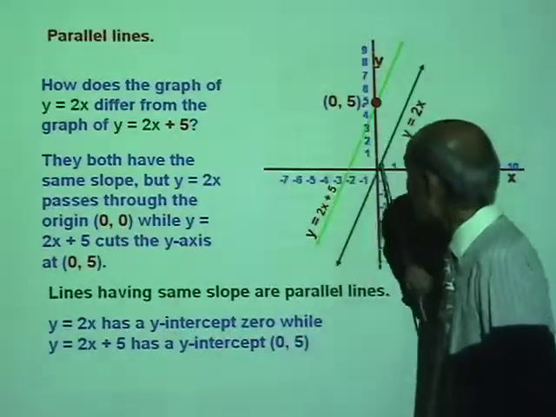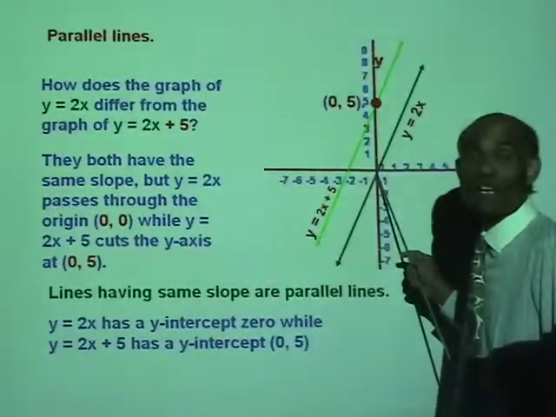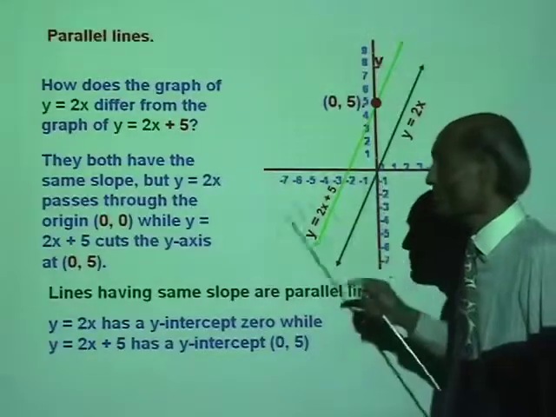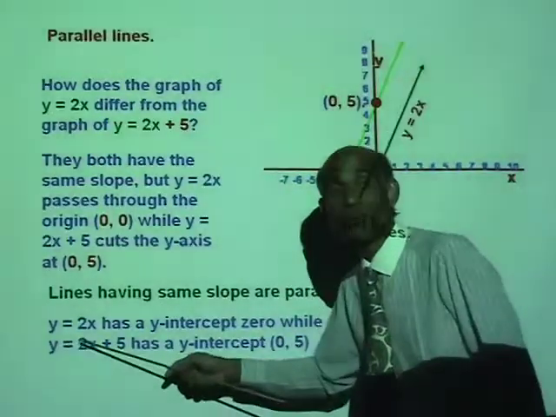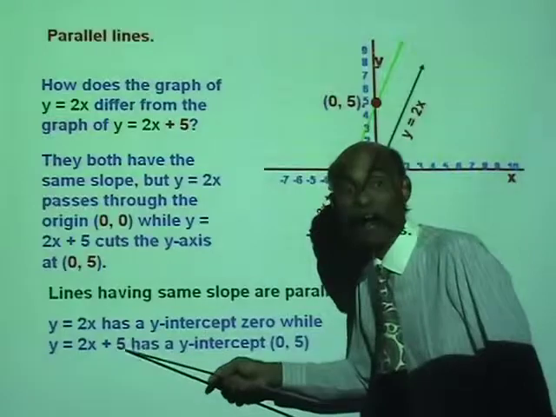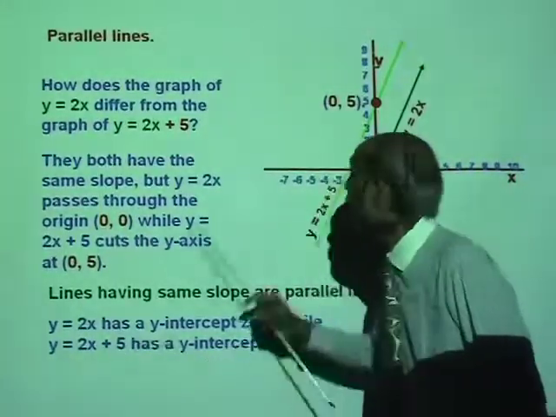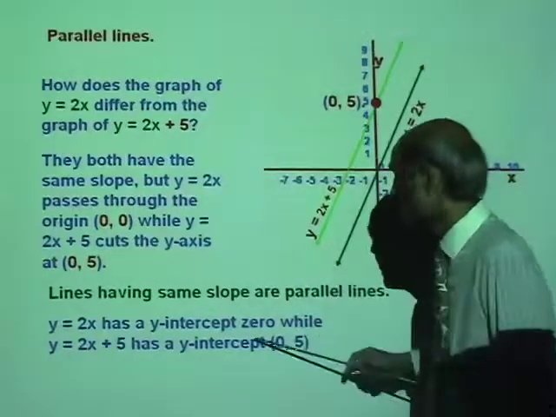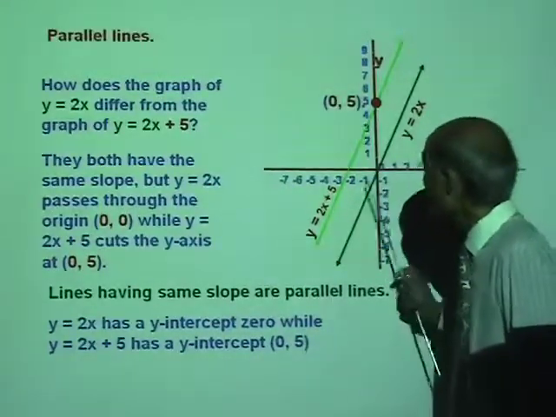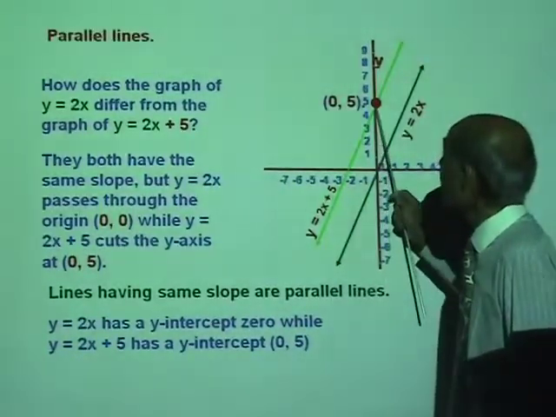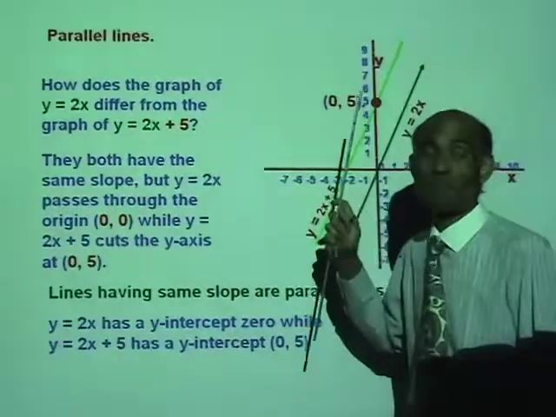It cuts the graph at the origin. Whereas y equal to 2x plus 5 will cut the y-axis at y equal to 5. Its y-intercept is x equal to 0, y equal to 5.